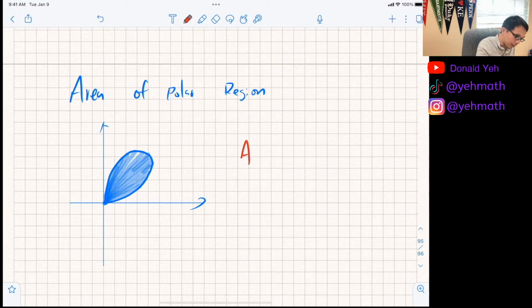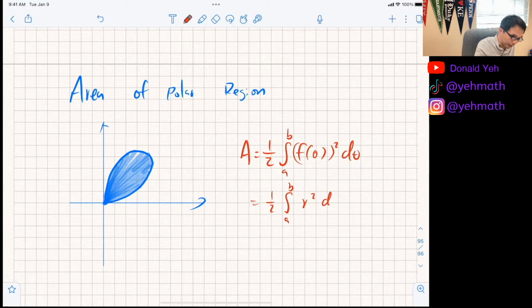So area is equal to 1/2 the integral from A to B, where A and B are two different theta values, of f of theta squared d theta. Also known as the integral from A to B of r squared. What is r? r is the function, r equals sine theta, and that's going to be like this.